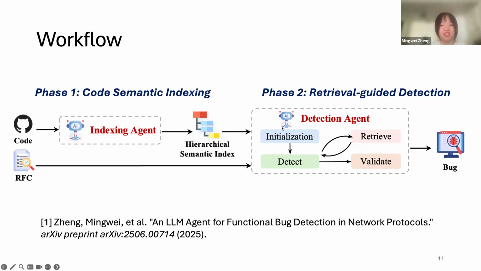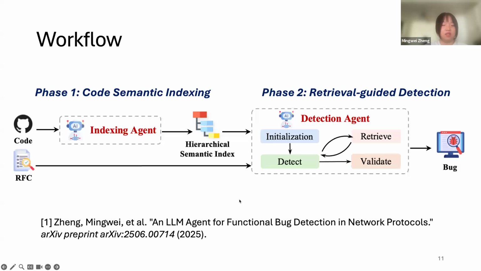Then the detection agent takes the properties extracted from the RFC, queries the hierarchical semantic index generated in phase one to retrieve the most relevant code, and checks for potential inconsistency. Using this framework, we can directly bridge the natural language specification with the source code implementation and automatically discover functional bugs.